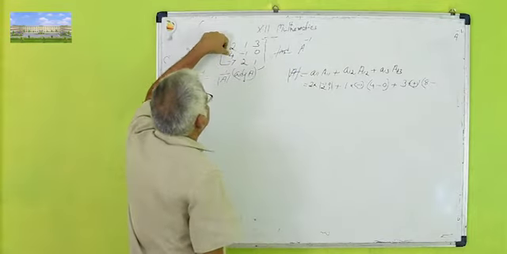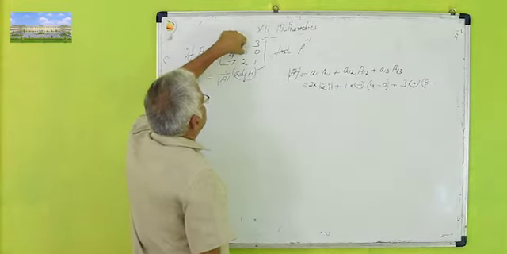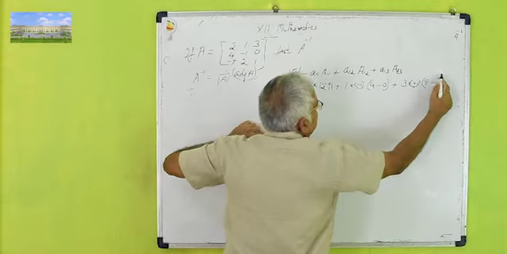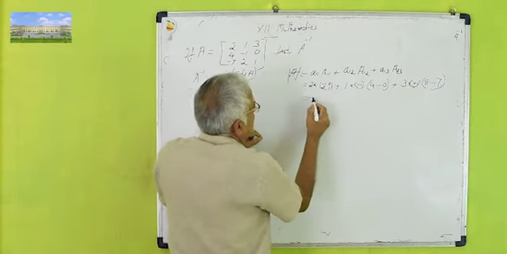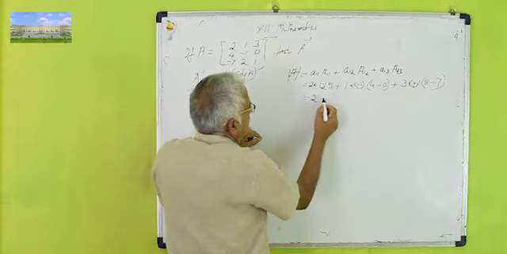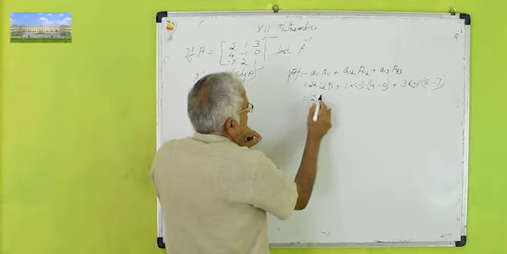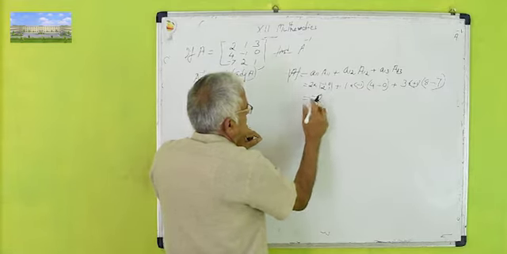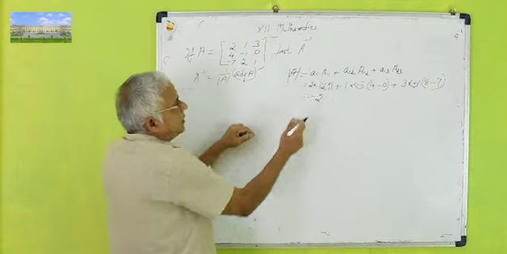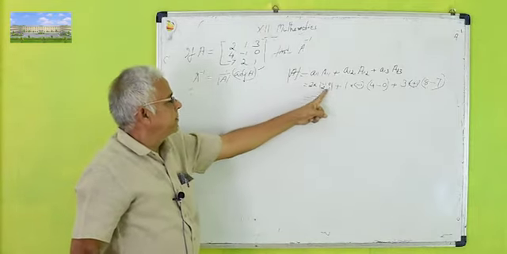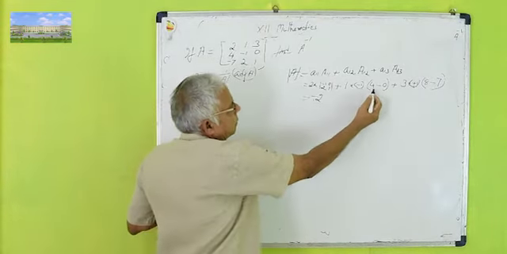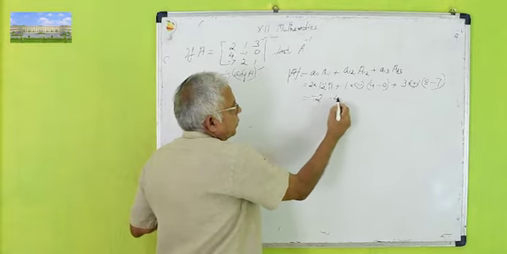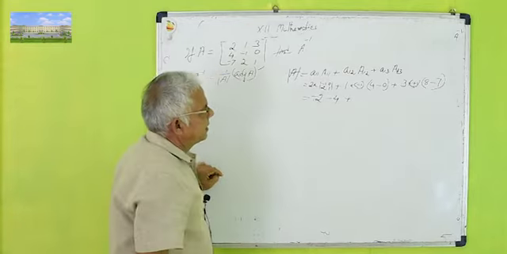minus, into minus plus 7, then we get 2 into minus 1 minus 2, minus 1 into 1 minus 1 minus 0 minus 2, 4 into minus 4 plus 3.